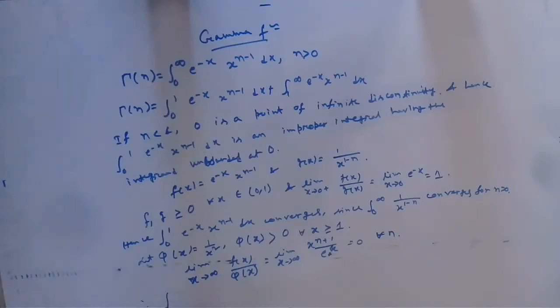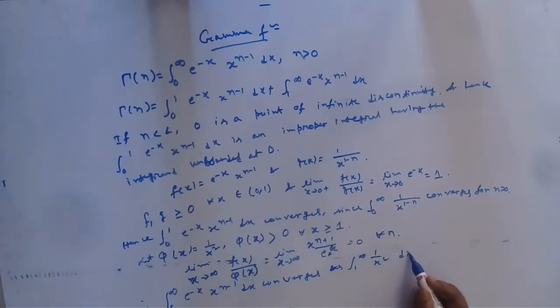Therefore, integration 1 to infinity e to the power minus x, x to the power n minus 1 dx is convergent, as integration 1 to infinity 1 by x square dx converges. So combining these two results, we get that integration 0 to infinity e to the power minus x, x to the power n minus 1 dx is convergent for n greater than 0.